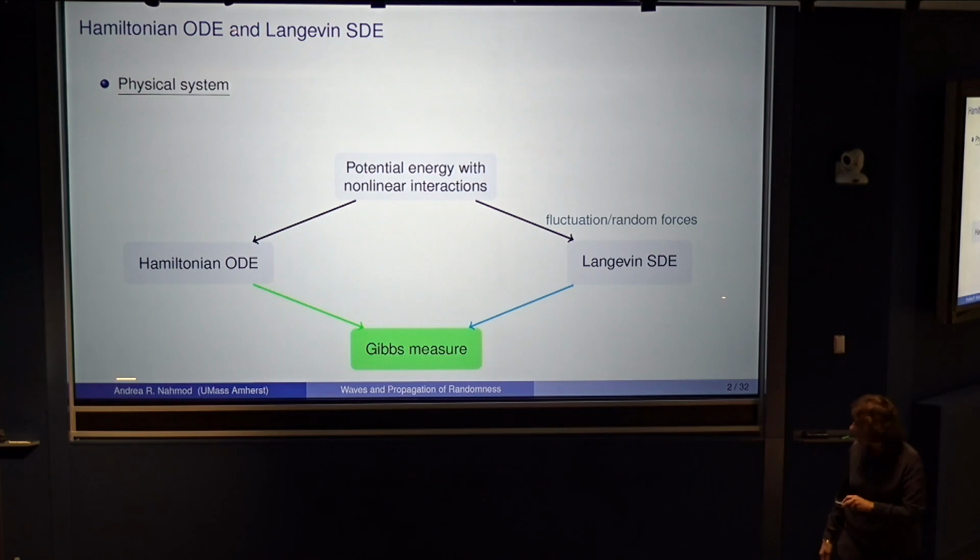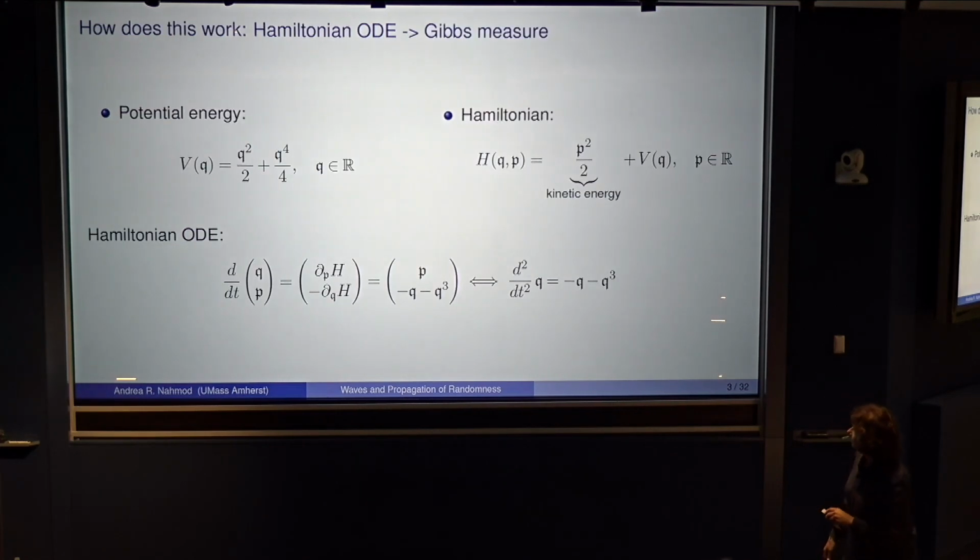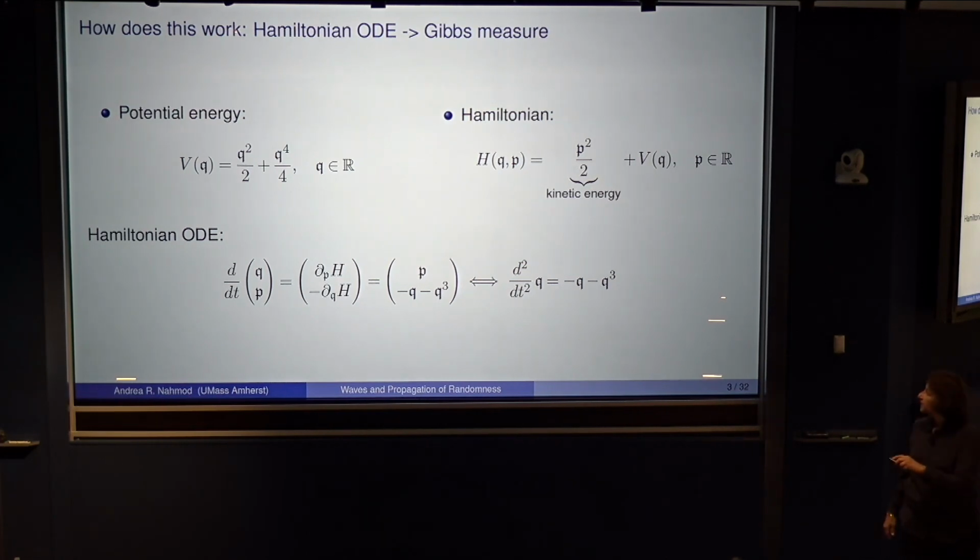And so let me illustrate this for you. Let's start with an example of a potential, which is q squared over 2 plus q to the 4 over 4. In the spring mass system, q would be the displacement from equilibrium. So this is a position as a function of time. And p is the velocity, so it's the derivative with respect to time of q, or momentum.